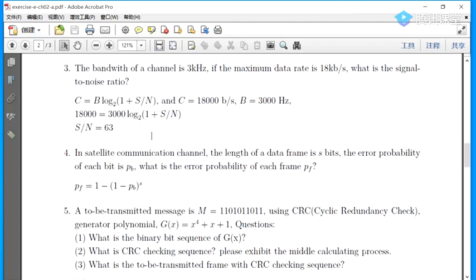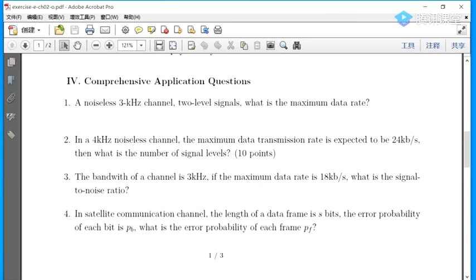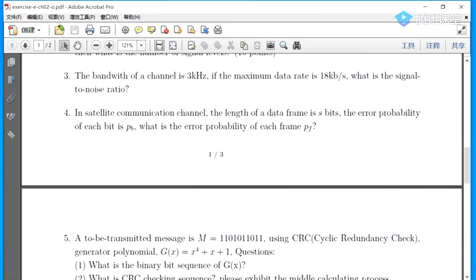In a satellite communication channel, the length of a data frame is S bits. The error probability of each bit is PB. What is the error probability of each frame, PF?